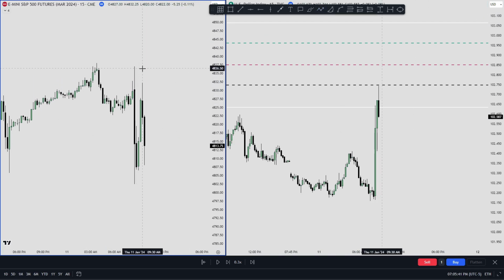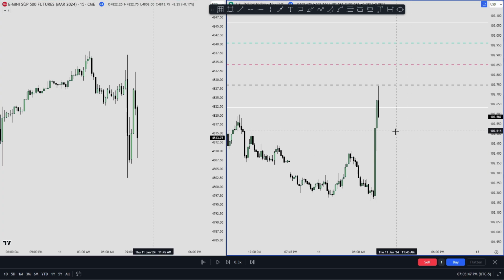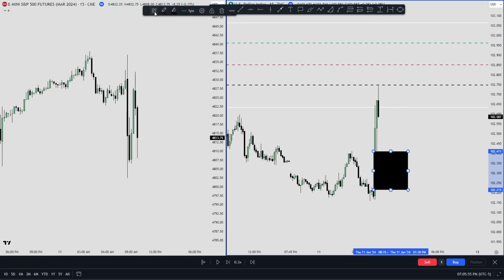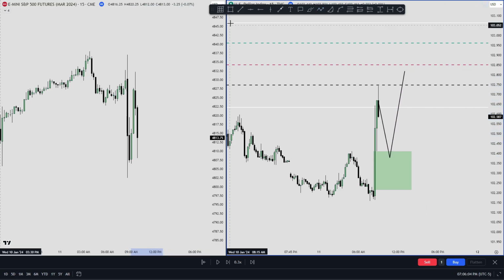So this was Thursday CPI, which is a trade that I did take. News came out at 8:30 and the dollar pushed higher here. And we do have a bullish fair value gap here on the dollar. So what I'm anticipating is a push lower into this bullish fair value gap to see a continuation higher.